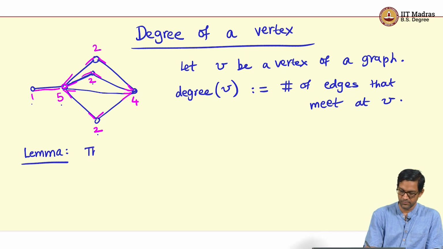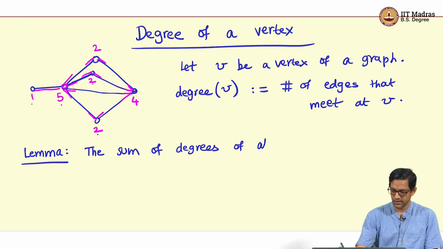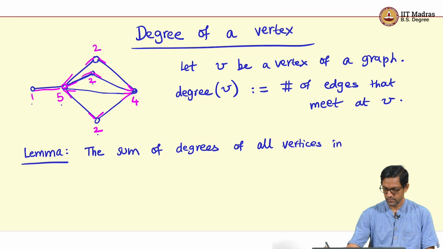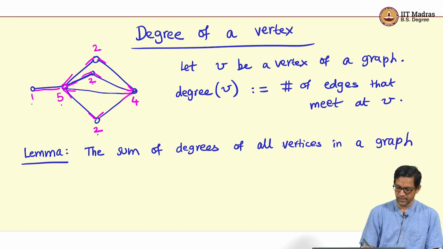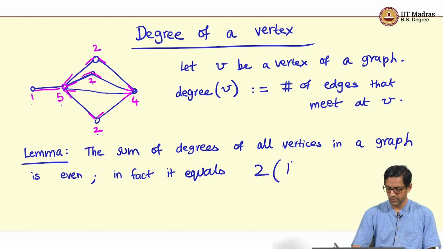So, the sum of degrees of all vertices in a graph is always an even number. In fact, we can say what even number this is. It equals 2 times the number of edges in the graph.